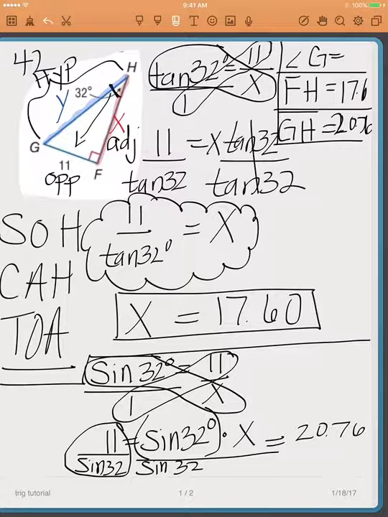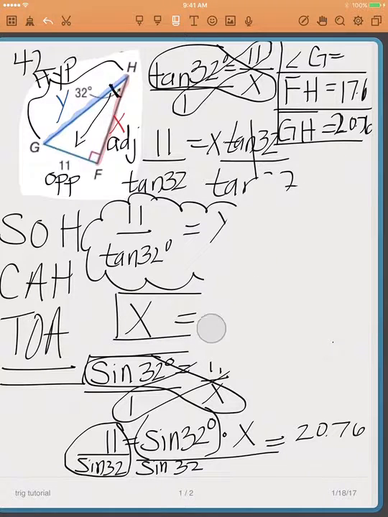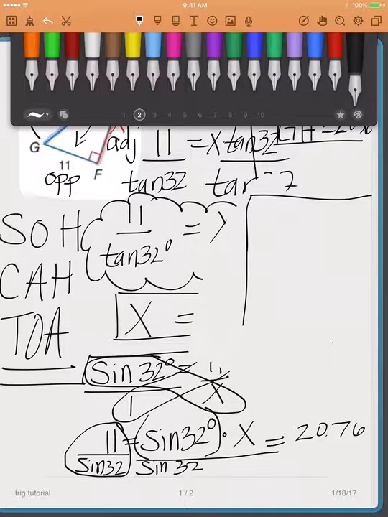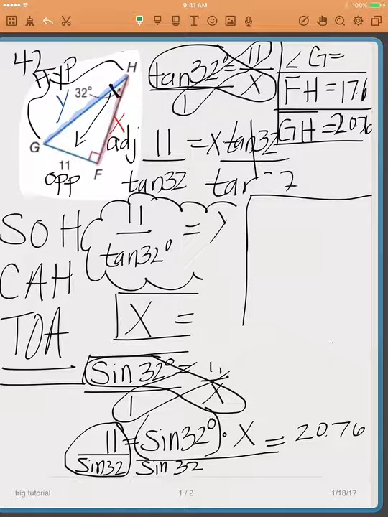So let me erase some stuff over here. And let's find that angle again. So I want to find angle G. Well, I know that one of the angles is 32. I know the other angle is 90. So I have 32 plus 90. Let's add those up and take that away from 180.